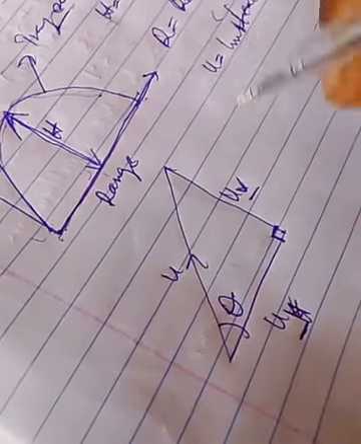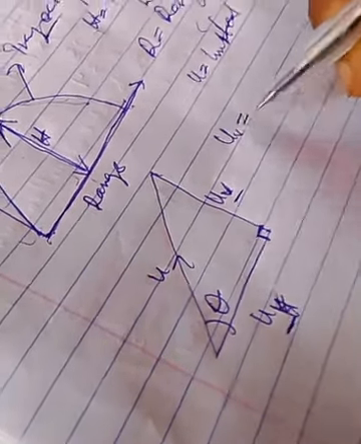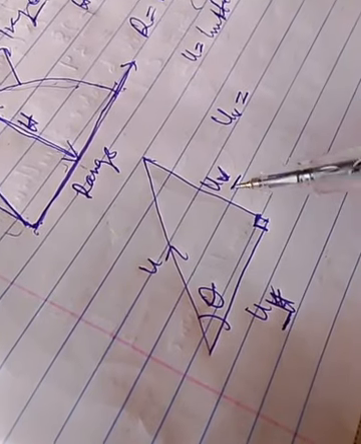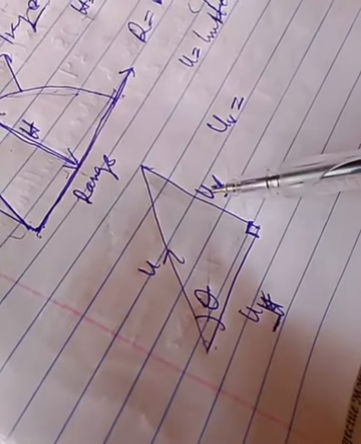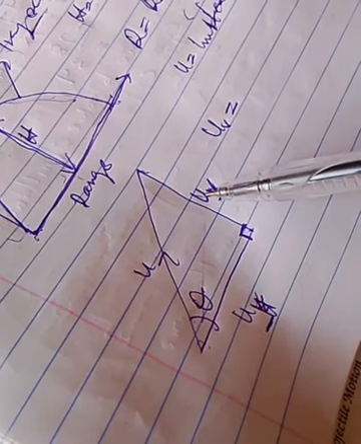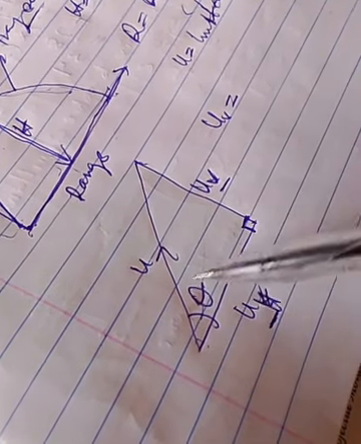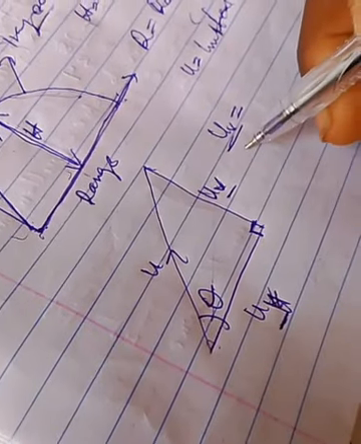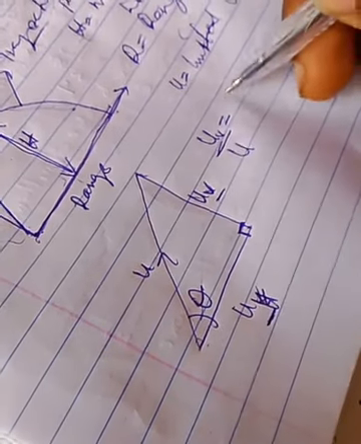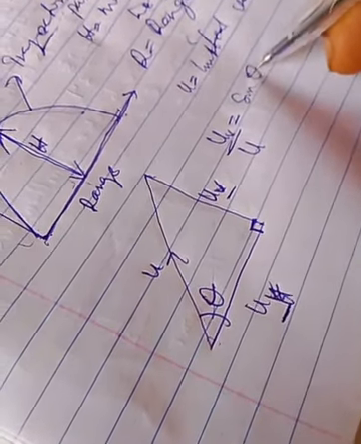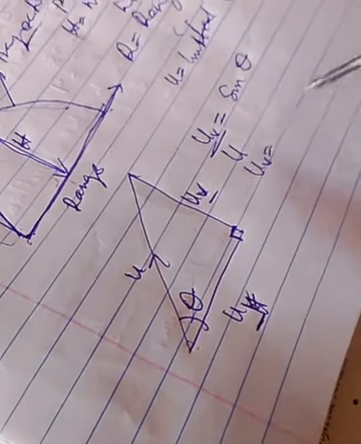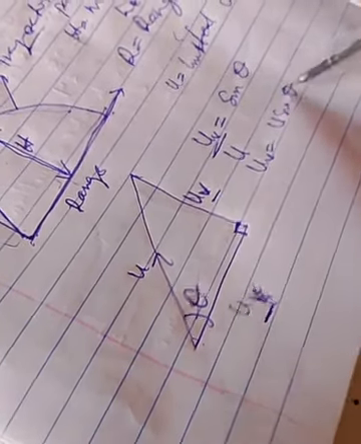For the initial velocity of the vertical, uv, this is opposite over hypotenuse, which gives us sine theta. So that means uv is equal to u sine theta.